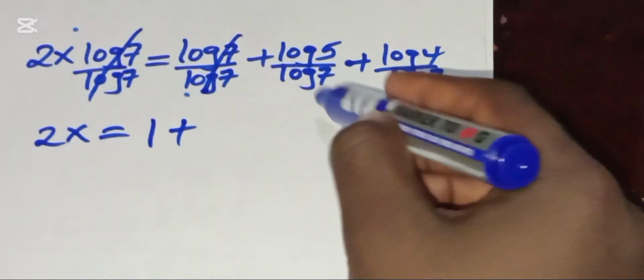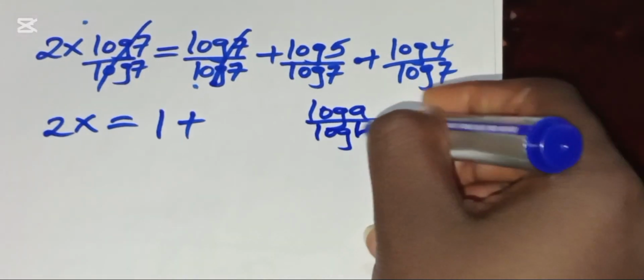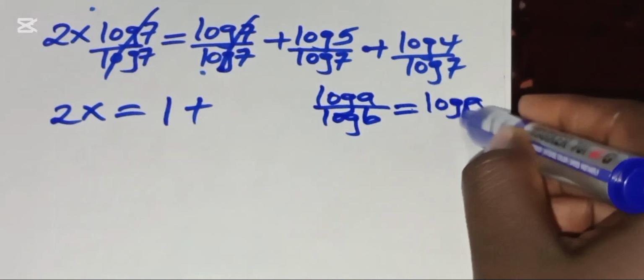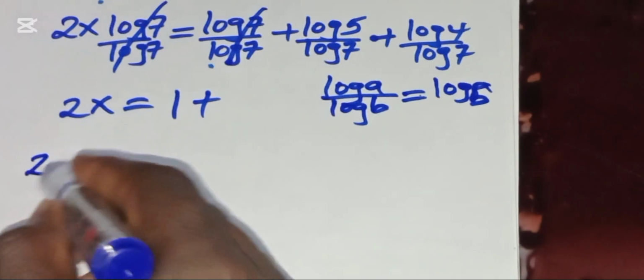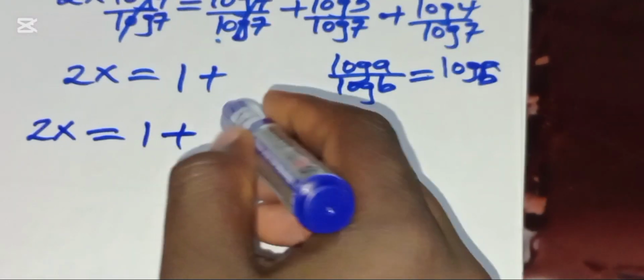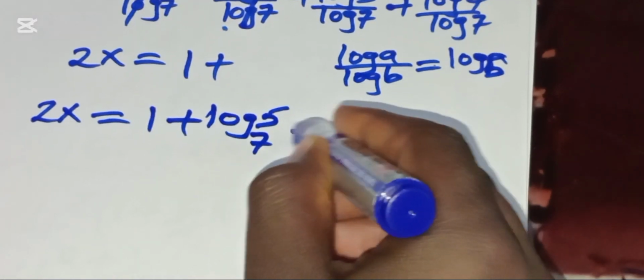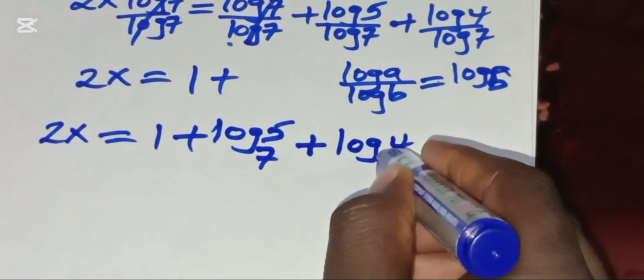This is actually in the form of log a divided by log b, which we can express as log a to base b. Now from what we have, 2x is equal to 1 plus log 5 to base 7 plus log 4 to base 7.